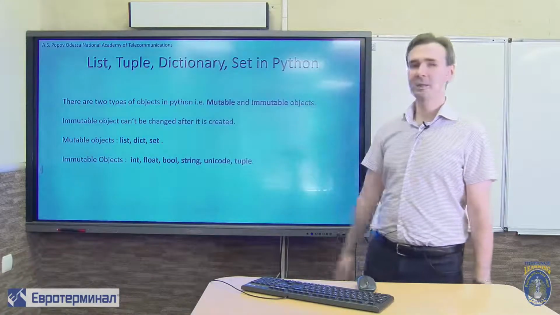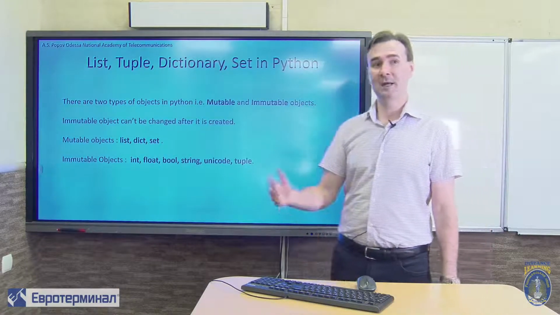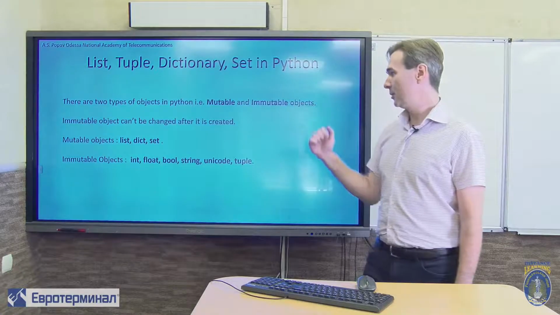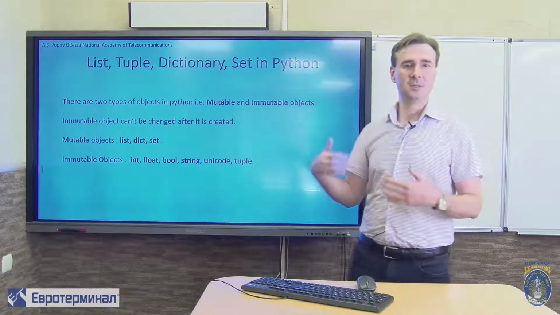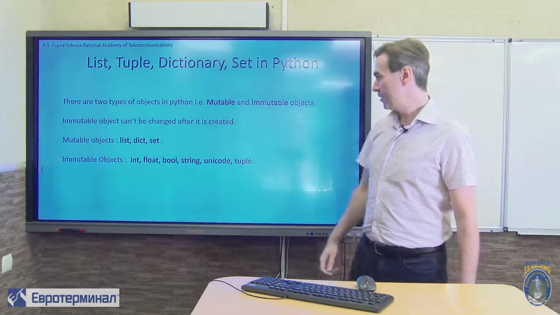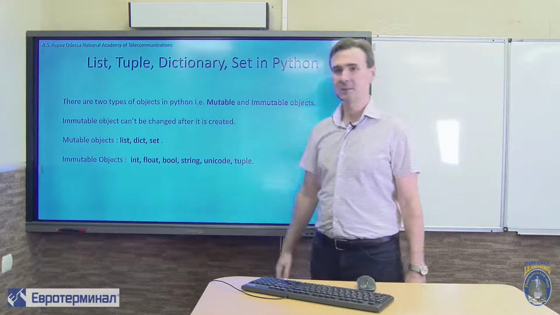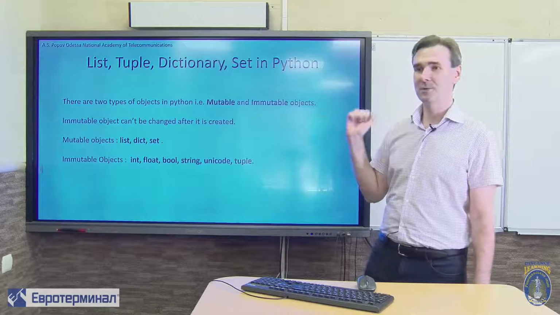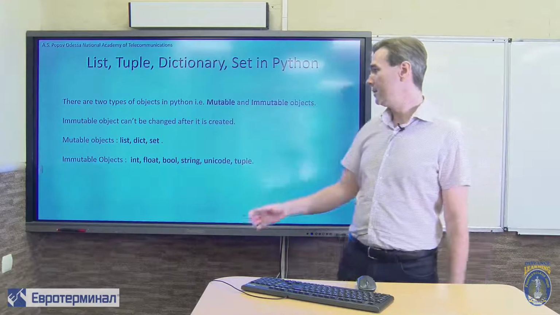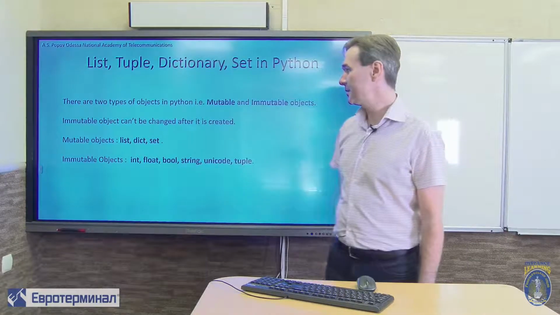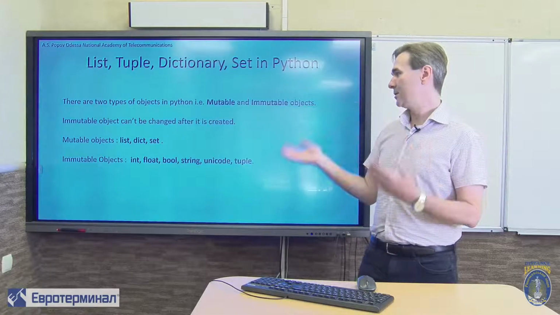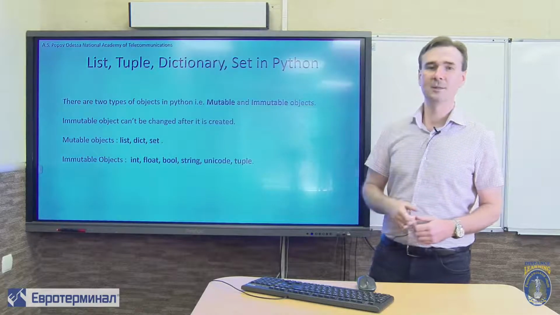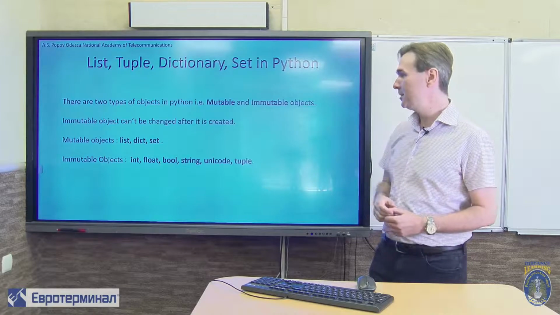Mutable means you can change the object after it has been created, and immutable means you cannot change an object. Here you see the mutable objects. You can change a list, a dictionary, and a set. And you cannot change all this. For example, you can't change int, float, or tuple.